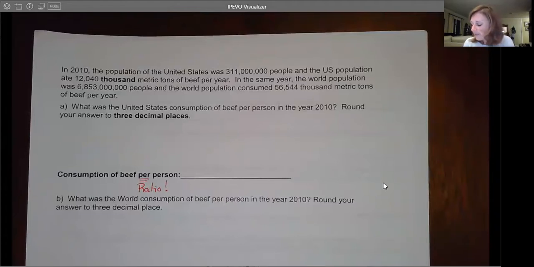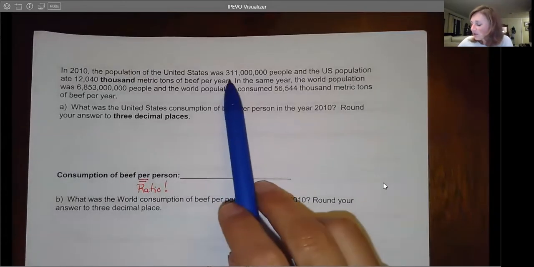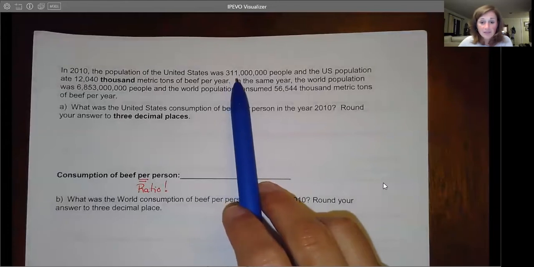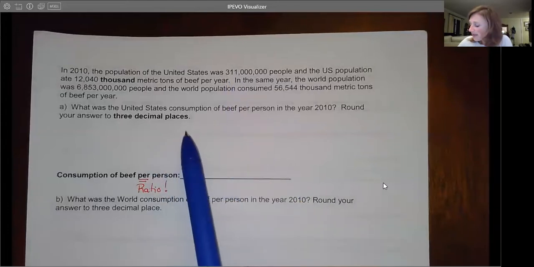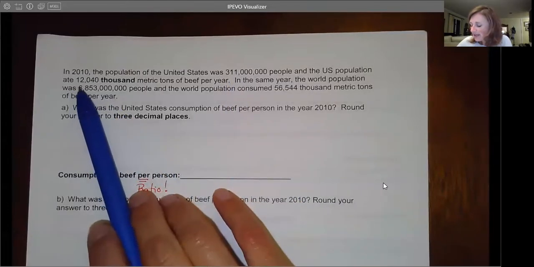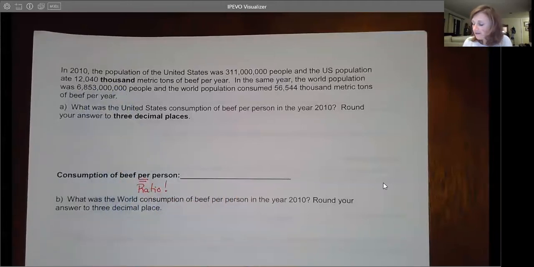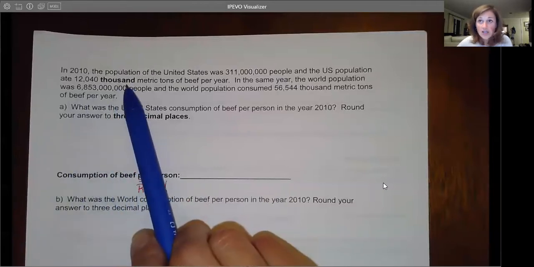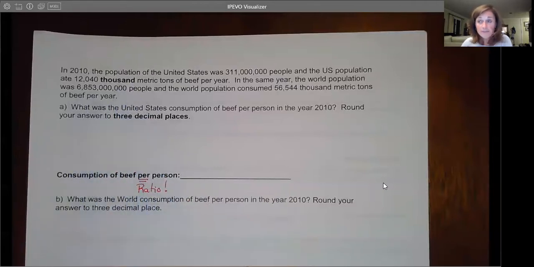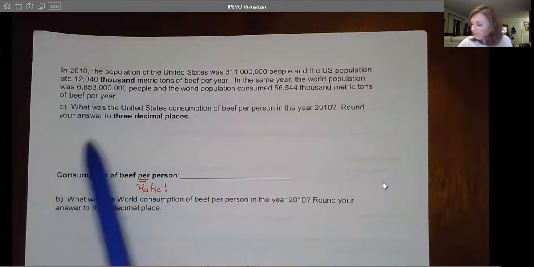So in 2010, the population of the United States was 311 million people. And the US population ate 12,040,000 metric tons of beef per year. Do you see I put it in bold? It's like those charts that we were doing with the water consumption, the water footprint.